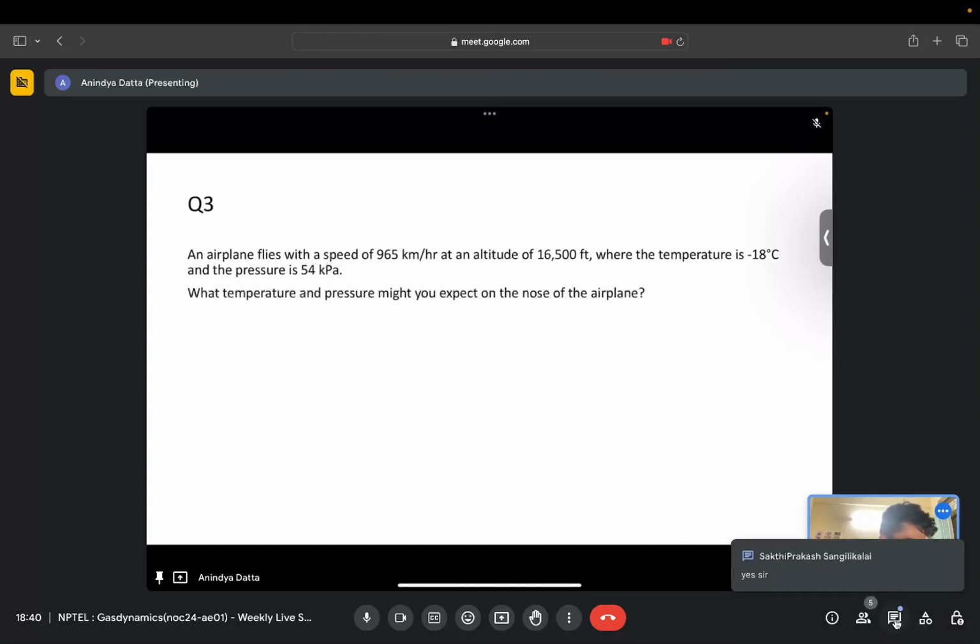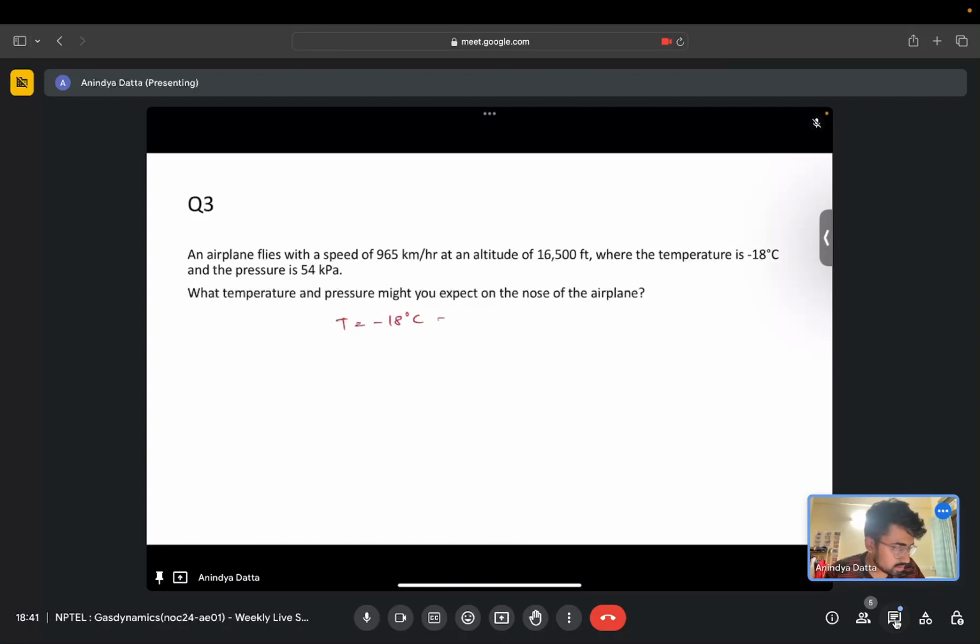We have an airplane flying at a speed of 965 km per hour at an altitude of 16,500 feet, where the local temperature is minus 18 degrees centigrade, or 273 minus 18, which is 255 Kelvin, and the pressure is 54 kilopascal.